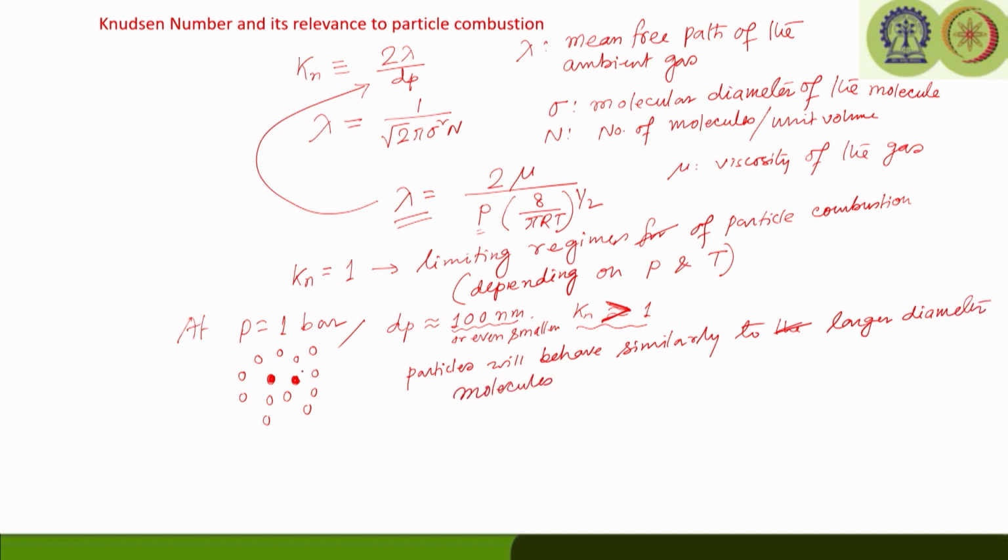It will be very difficult to distinguish the particles and the gaseous molecules present there, since they are of a similar order of length scale. So, what we can expect here is that the reactivity of the nanoparticles will be very much influenced by this, and in that case the kinetic rates will be important. This will be more influential than the transport rate.